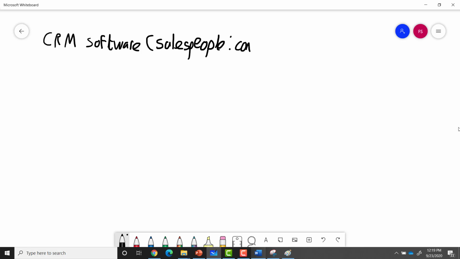So for example, I don't know if you guys have heard of CRM software, customer relationship management software. This is software where salespeople store all their contacts. So it's things like managing contacts, training, sales, finances, etc. There are two different types of solution.